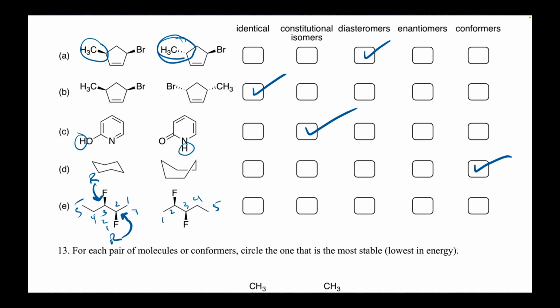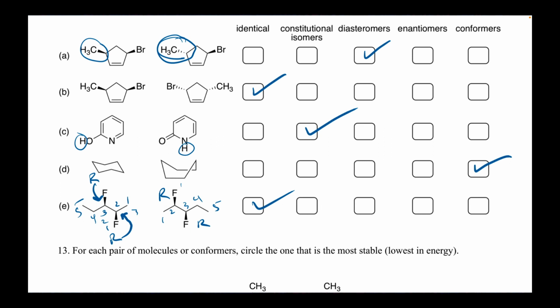So you see that okay? What is the configuration of the one on the right? S and then R. Oh, wait a minute. Sorry, maybe I'm mistaken. Ah, that's right. You were right. These are identical. 1, 2, 3. That would be R and R.